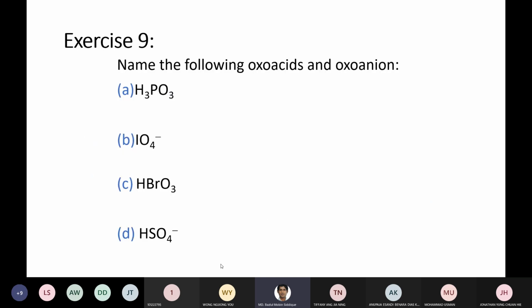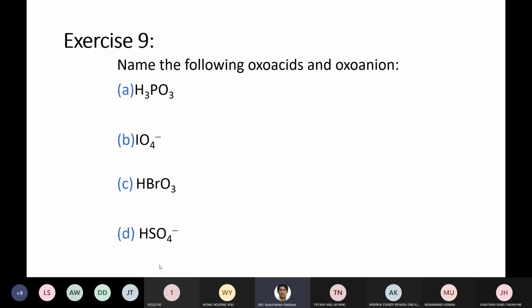And here there is one exercise for you to try. The name is phosphorous acid, right? Phosphorous acid, periodate ion.